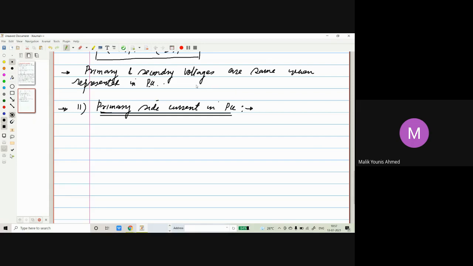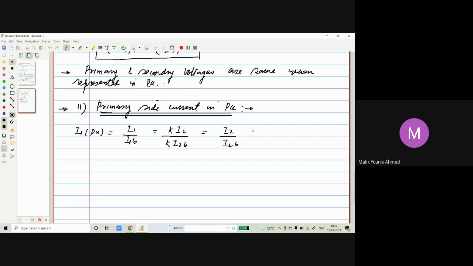We know that it is the actual value of current divided by the base value of current, which will be I1B. We have discussed this. So I1 is K I2, from the expression we have just now derived, and I1B will be K I2B. K and K get cancelled, so this will be I2 divided by I2B.